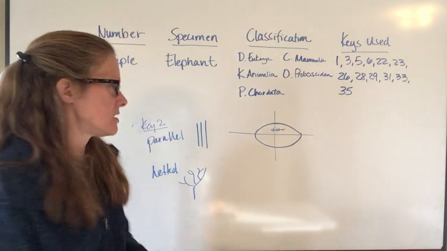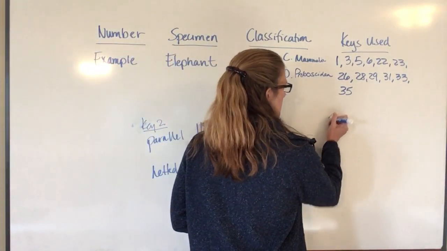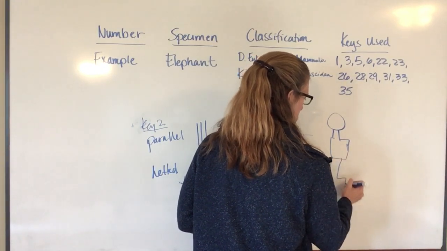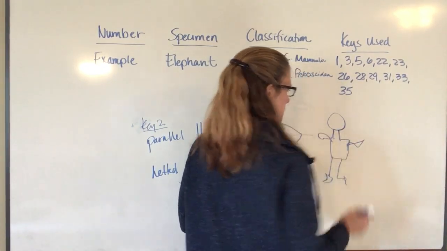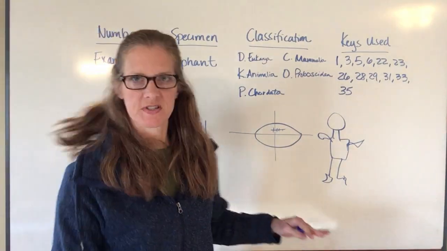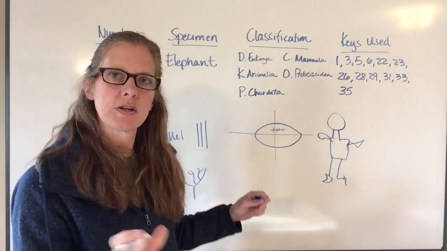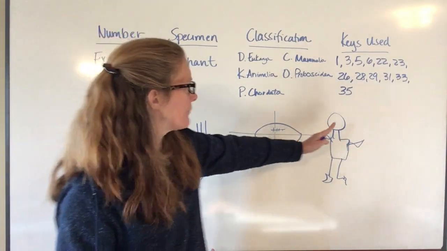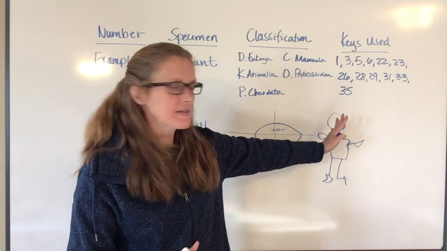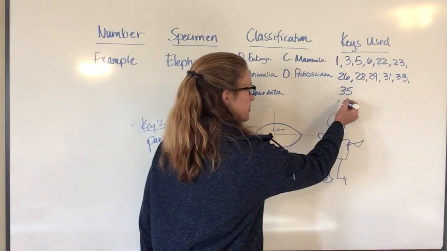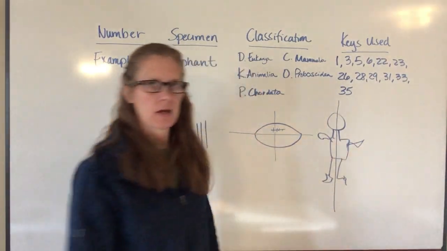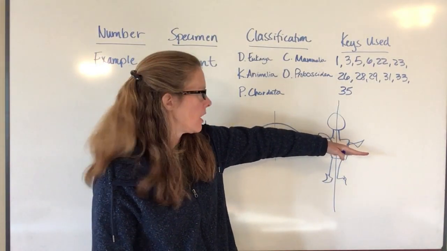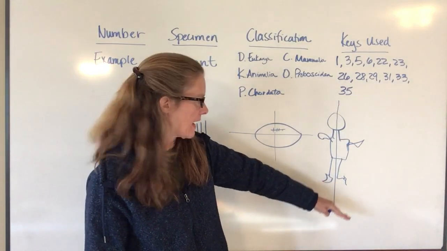On the other hand, if you have a person, that's a really bad person, I know. This is not art class, this is biology class, and I'm not trying to do any kind of microscope drawings right now. So just to prove my point here, if I have a person, I can divide the person in half this way, but I can't divide it in half this way because my two halves wouldn't be the same. Because up here I'd have a head and down here I'd have feet.